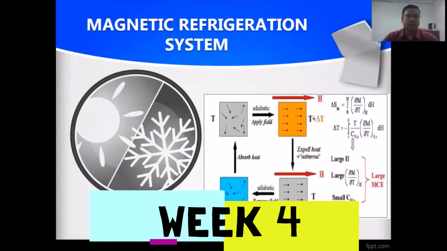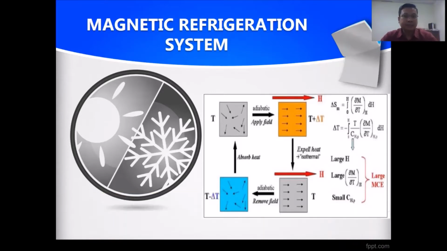Today I would like to explain a new subtopic in Chapter 2 about the magnetic refrigeration system. This is one of the other types of refrigeration systems. Last time we already discussed vapor refrigeration and absorption refrigeration.